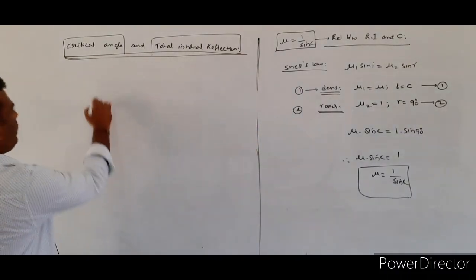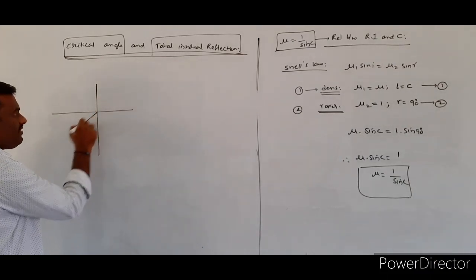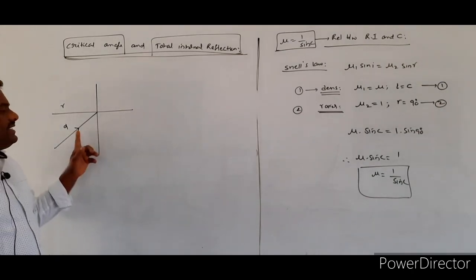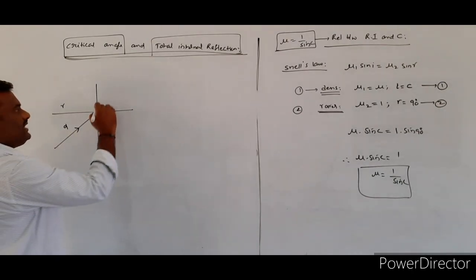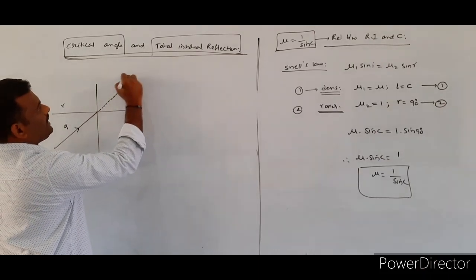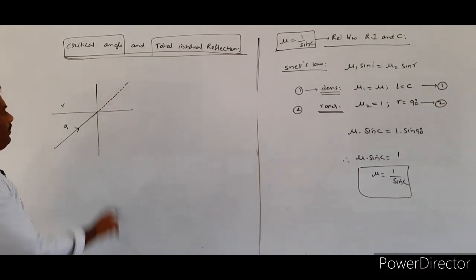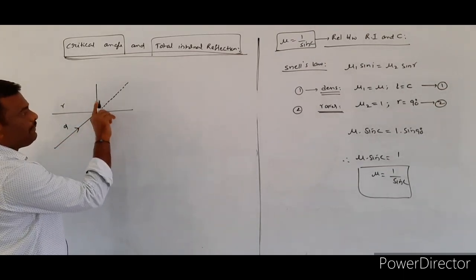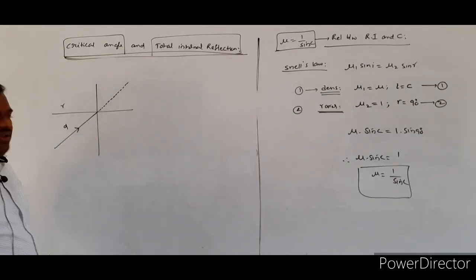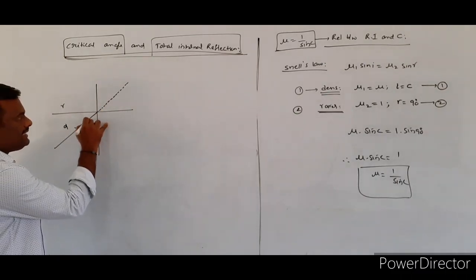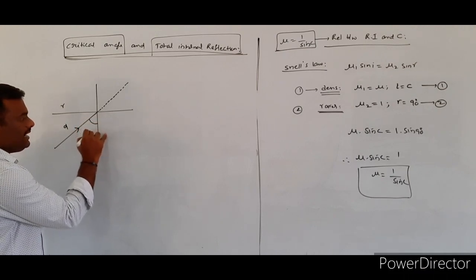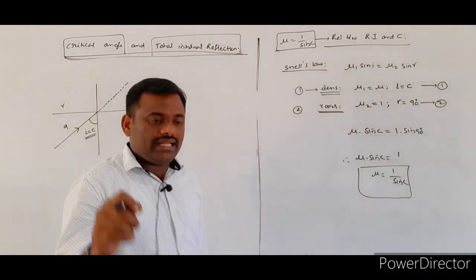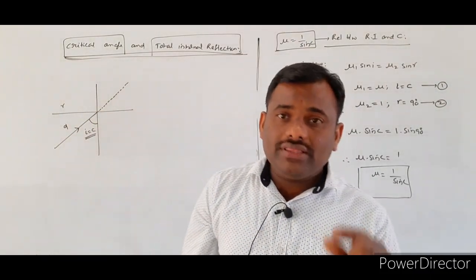I consider here that the light rays are coming from the denser medium to the rarer medium. If there is no other medium present here, the light rays travel like this. Because they travel from the denser medium to the rarer medium, the light rays bend away from the normal. If I assume the incident angle is I equal to C, that means the light rays are incident within the denser medium with the critical angle.